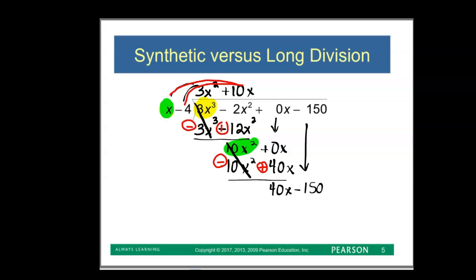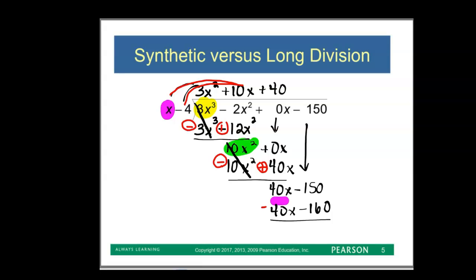So now my leading terms are x and 40x. We want to multiply here by 40, because when we distribute across, that will give us the 40x that we want to eliminate, and then we have minus 160.